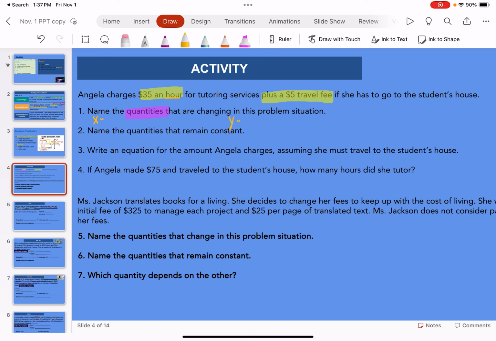So over here we have hours, that number of hours, and I have to decide, is my number of hours my x or my y? Well, based on what I said earlier about time usually being independent, or our x, the number of hours is going to be our x. And then our y is going to be the money that she made, right? Because she's not just tutoring for fun, she's tutoring for money.